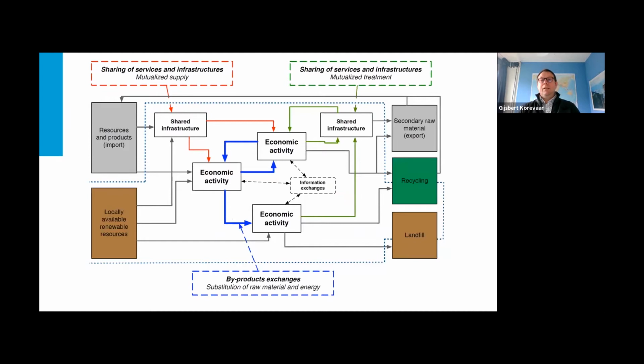Now, that was an electricity and energy system example, but the same is true for what we call an industrial symbiosis. If you talk about the mass flows and the processing in industrial clusters, you see the same principle applying: we have several economic activities.